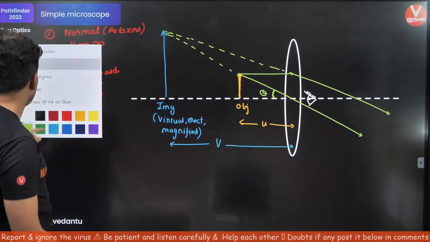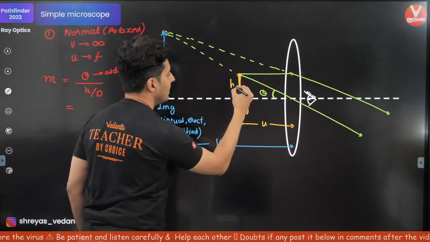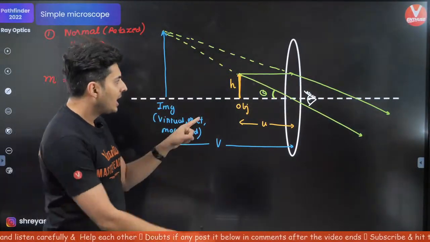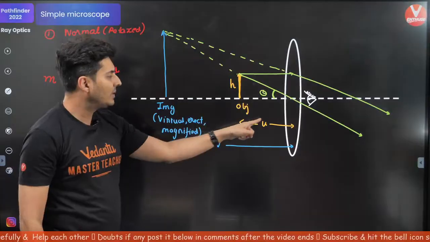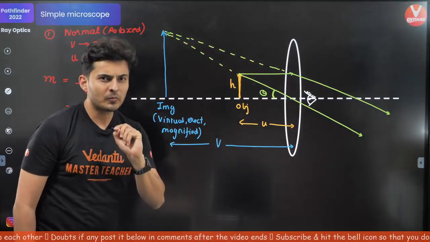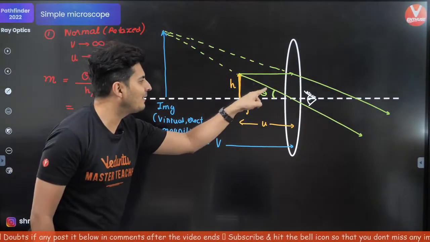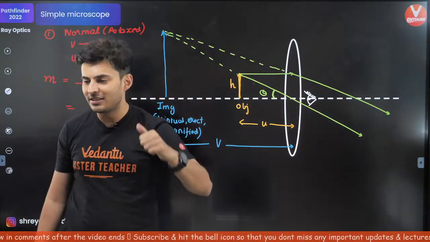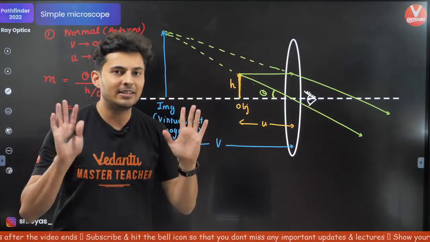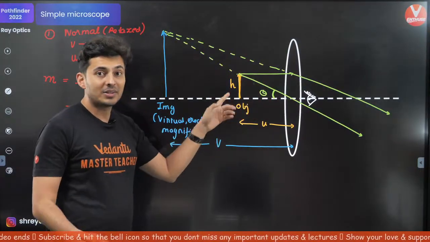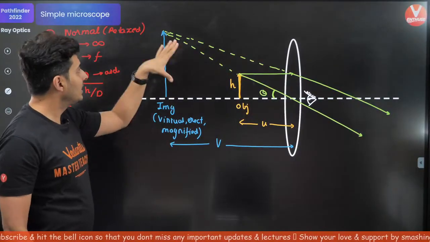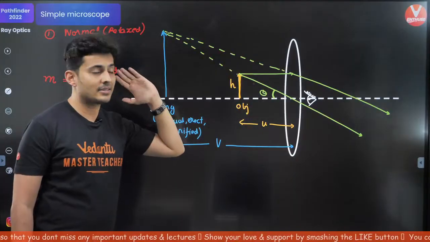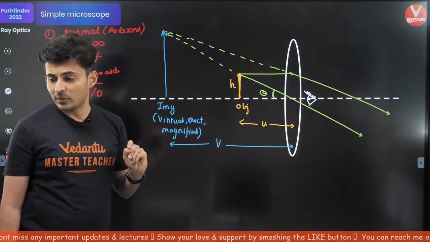And this yellow line over here is nothing but the height of the object, and the object is placed at a distance of u. So think carefully, what should be the value of theta? Because I need the value of theta. Can you guys tell me in the chat box what should be the value of theta? Because theta is the angle subtended by the image with the aid, that means with the help of the convex lens. So think carefully, what is the value of theta, my warriors?